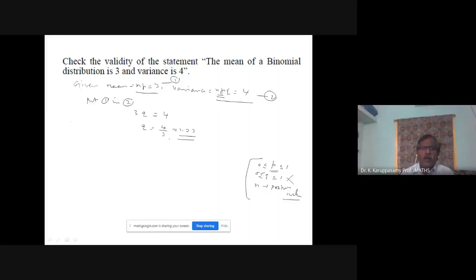So Q equal to 1.33 is invalid. Given statement is invalid since 0 less than or equal to Q less than or equal to 1. Invalid means not possible, it is false. So we cannot find a binomial distribution with the mean 3 and variance 4. It is not possible.